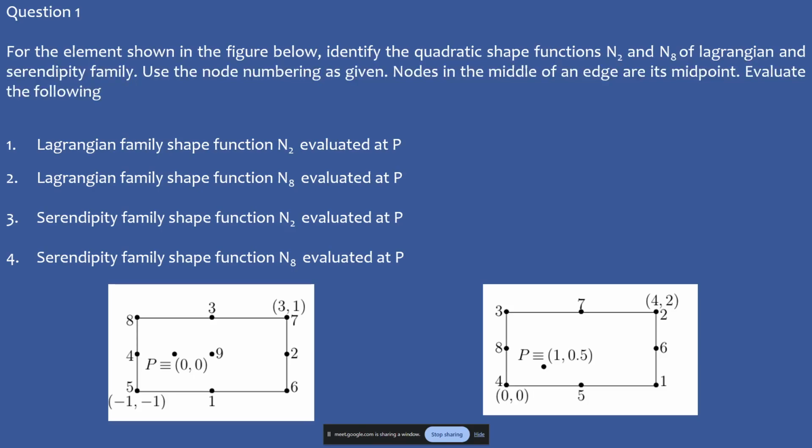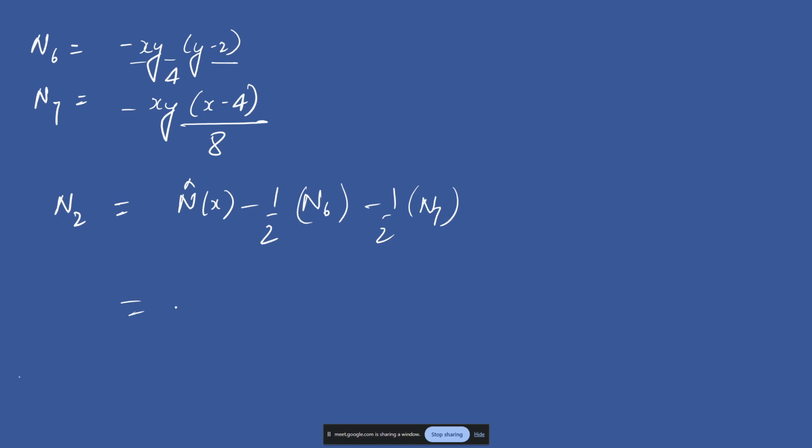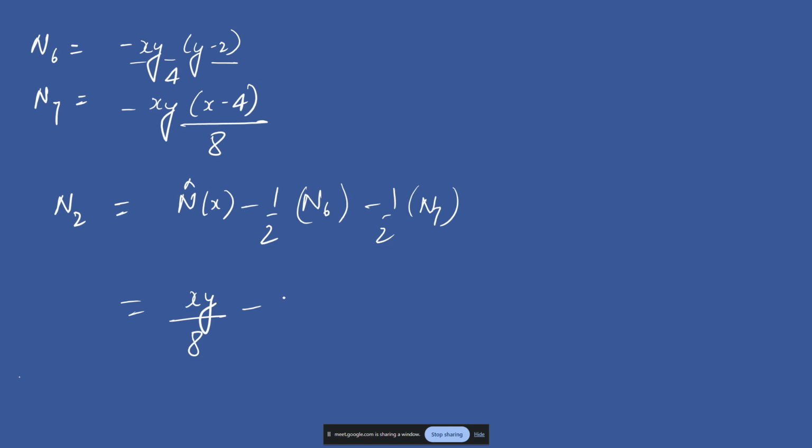It's 2 minus 0 and 4 minus 0. So it's basically xy by 8, plus xy, what is N6?